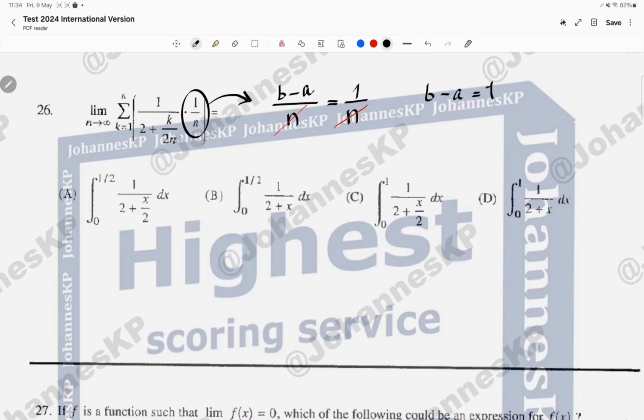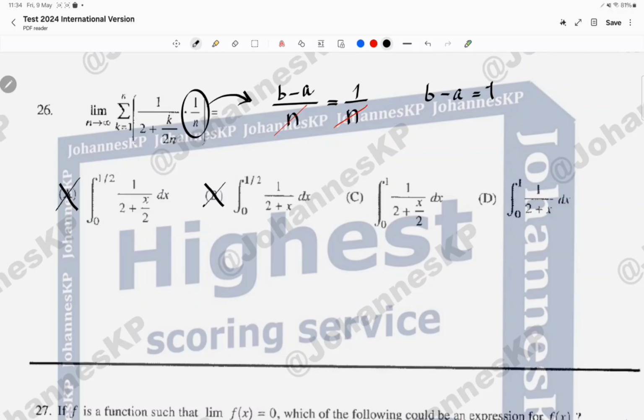That means the top interval minus the bottom one is equal to what? 1. So it's not going to be a, because half minus 0 is half. It's not going to be b either. It's going to be either c or d.